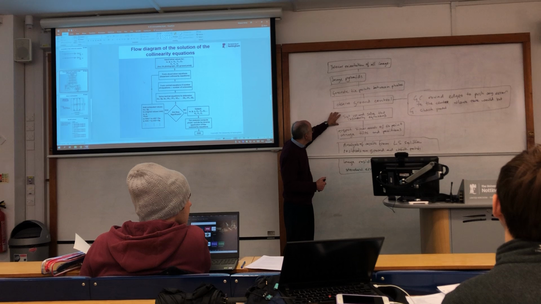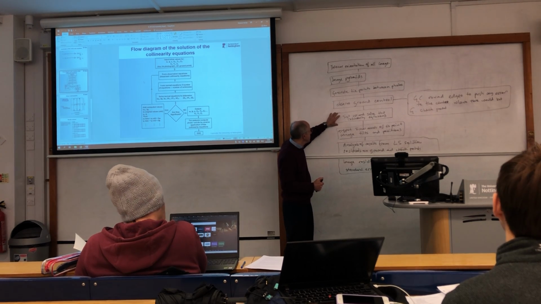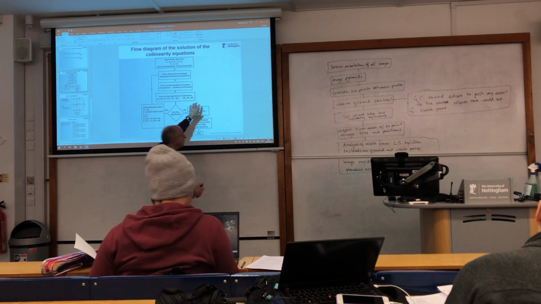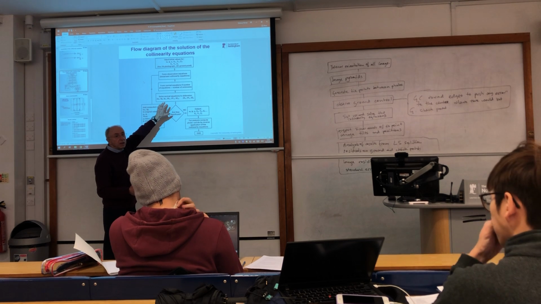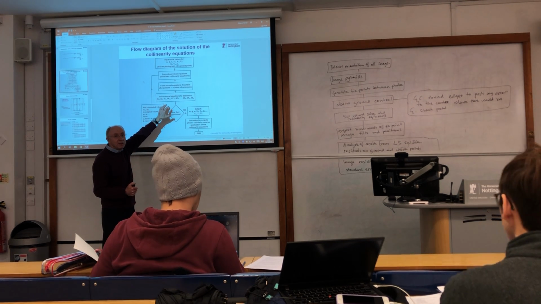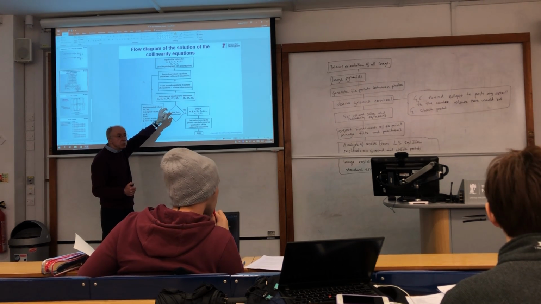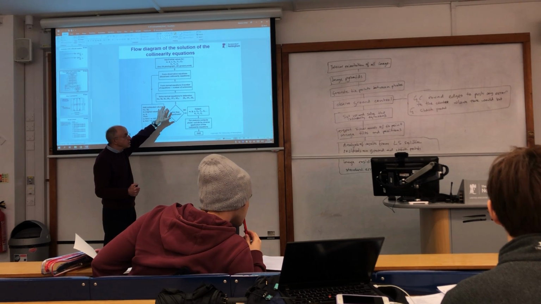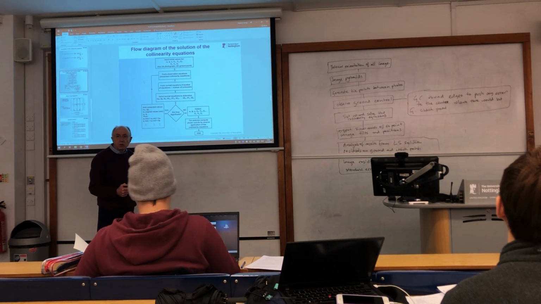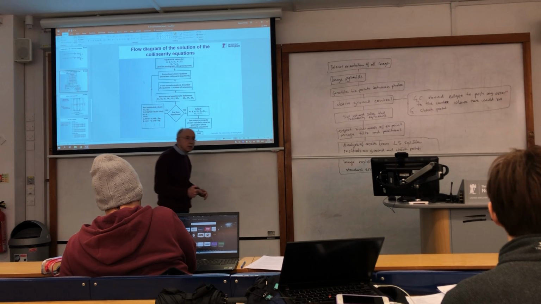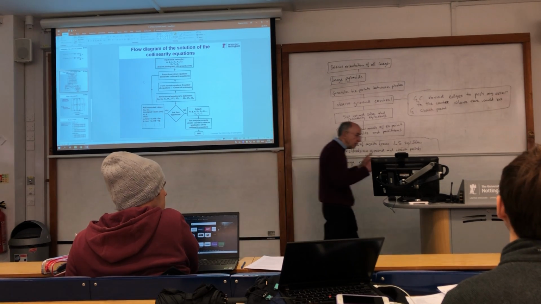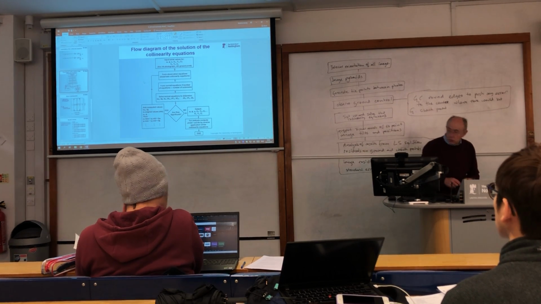This here, set up and solve the collinearity equations, if you had time. But time is going to be tight if you get into one or two of the longer questions. All right? And of course, question 11, we'll come back to that a bit later on.